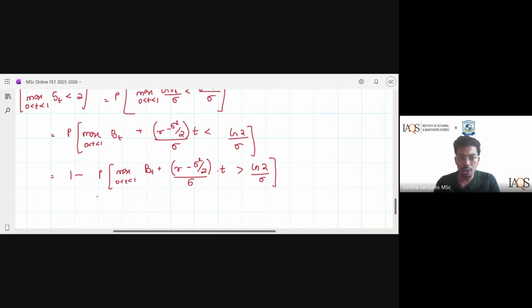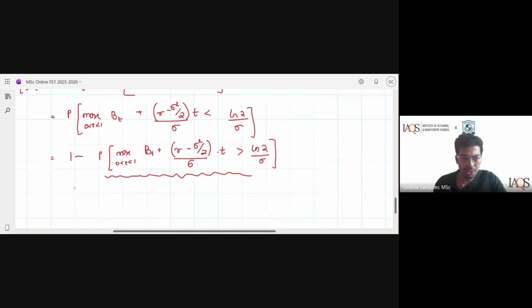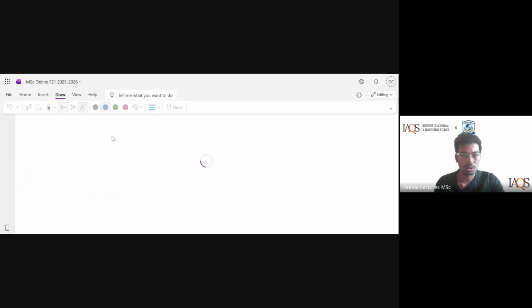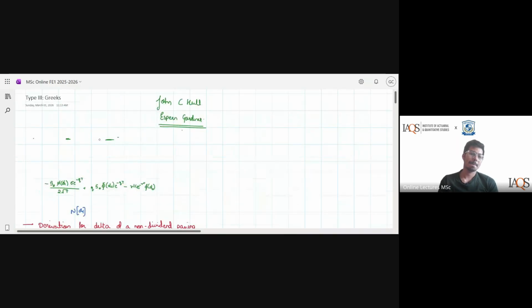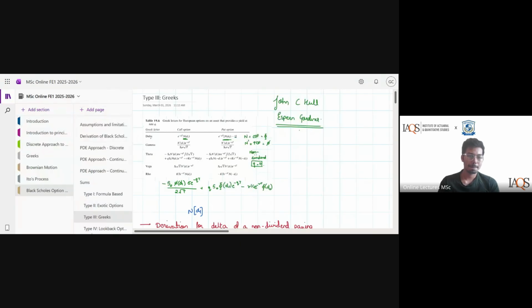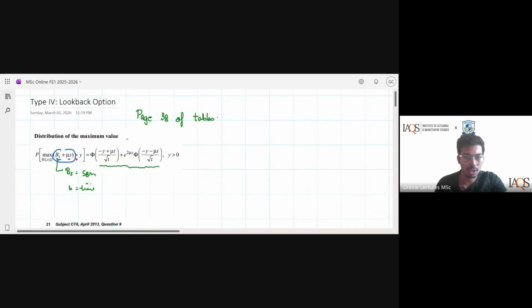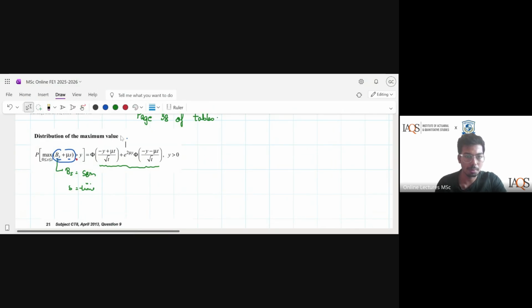Now I can use this. I know how to solve this equation. How do I know this? I have the equation in my table book, page 38. Let's try to solve this equation. What does the equation tell you? The answer of this equation is therefore 1 minus. Let me bring that equation down so that I don't have to scroll at the time.